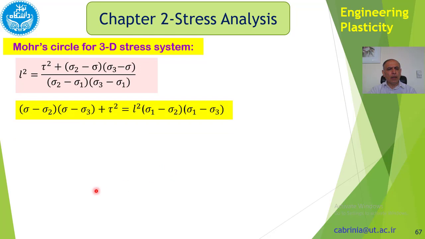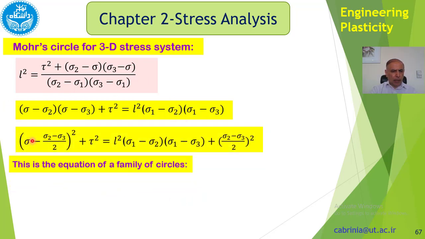Right, then if I multiply L squared by this, I will get this equation: tau squared plus that is equal to L squared times that. As you can see, I get this term, which has a sigma squared, and this term tau squared, and this is also a constant.